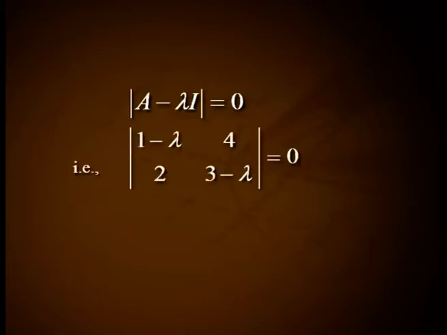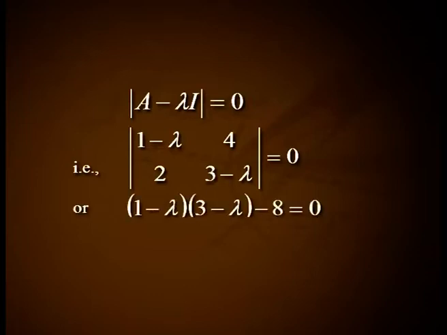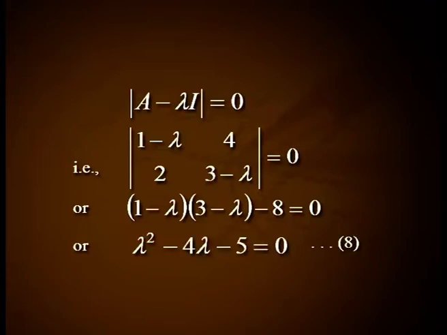The characteristic equation is given by |A − λI| = 0, that is, |1−λ 4; 2 3−λ| = 0, or (1−λ)(3−λ) − 8 = 0, or λ² − 4λ − 5 = 0. Equation number 8. To verify the Cayley-Hamilton theorem for the matrix A, we have to verify that A satisfies the characteristic equation given in equation 8.